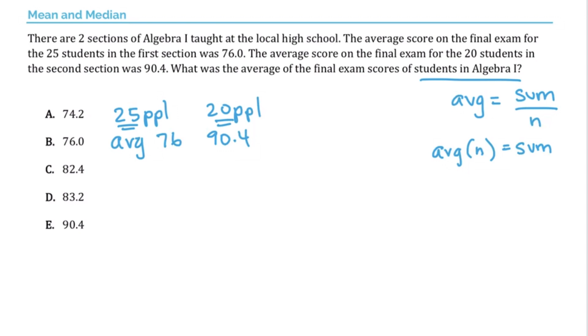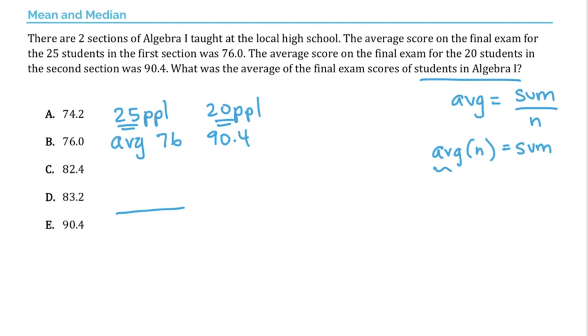So if we want to find the overall average for this class, we need to know what's the total number of points. If we add up all the points for the 25 people and all the points for the 20 people, we're then going to divide by the total number of people, which is 45 people. So how are we going to do that?